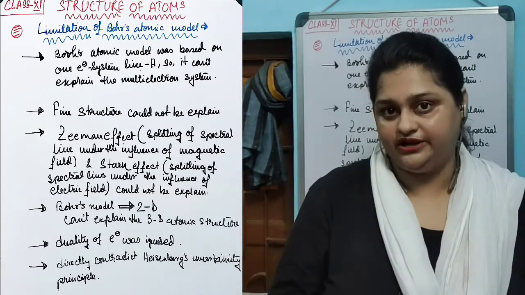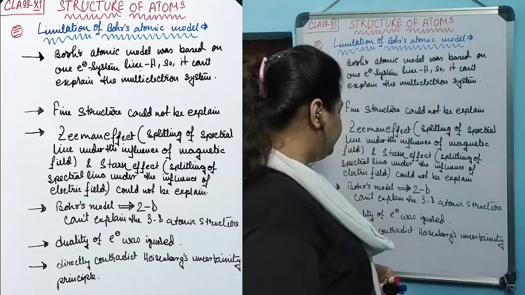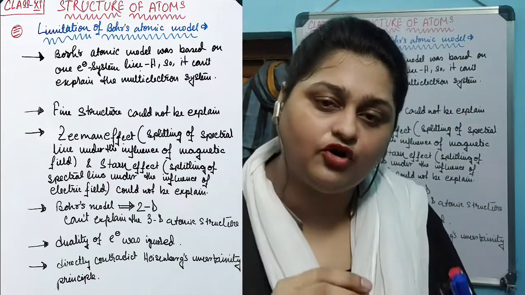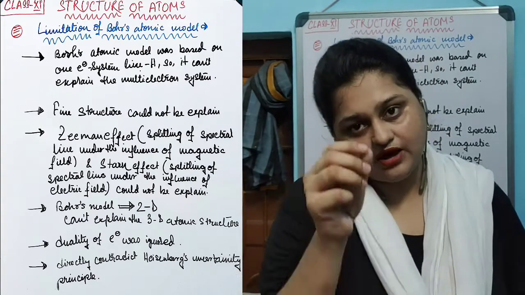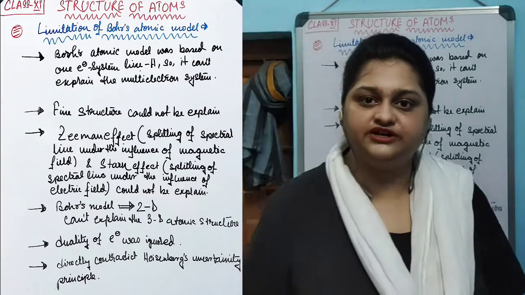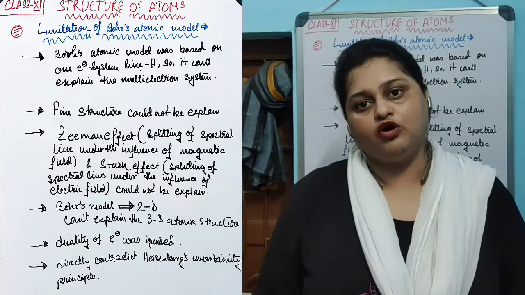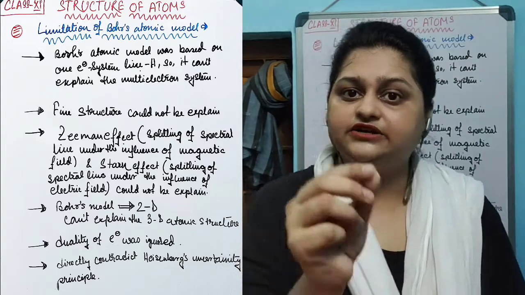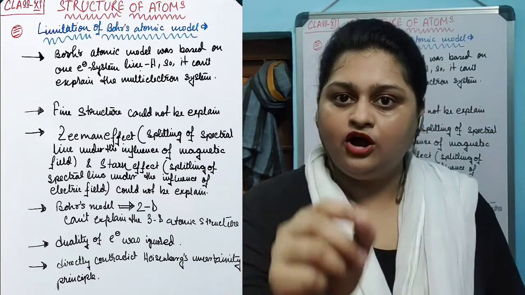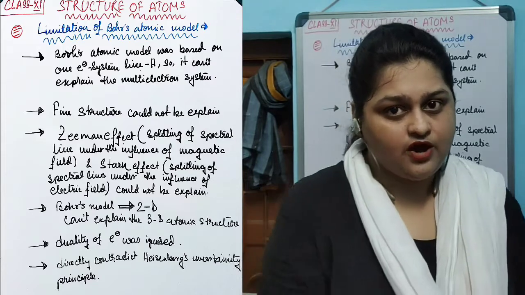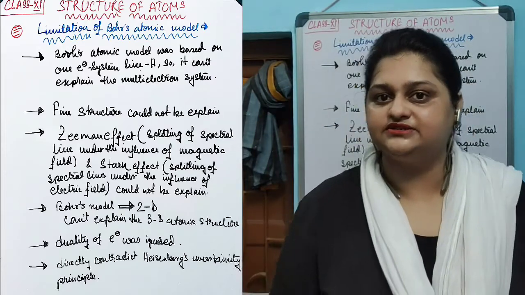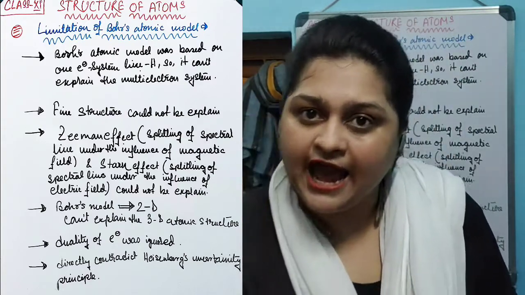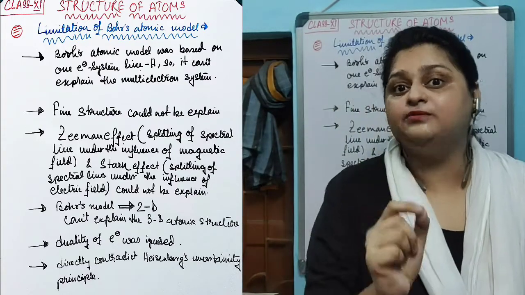This uncertainty principle directly contradicts Bohr's model, because Bohr's model precisely calculates the position of the electron at a certain distance and the momentum of the electron at that distance, which contradicts the Heisenberg uncertainty principle, which says you cannot precisely calculate the position and momentum simultaneously.